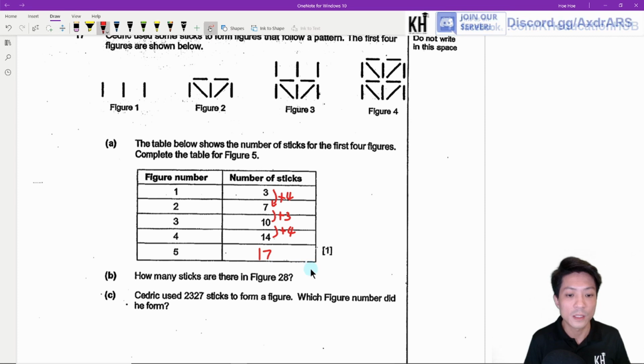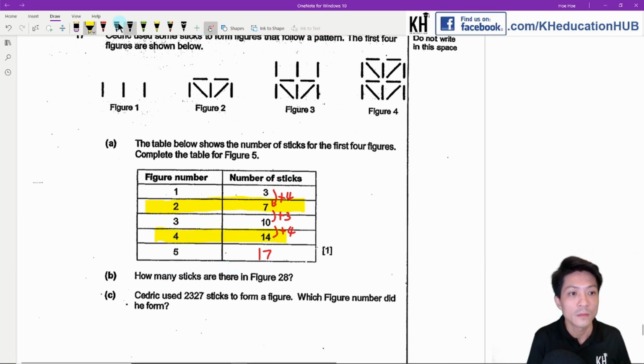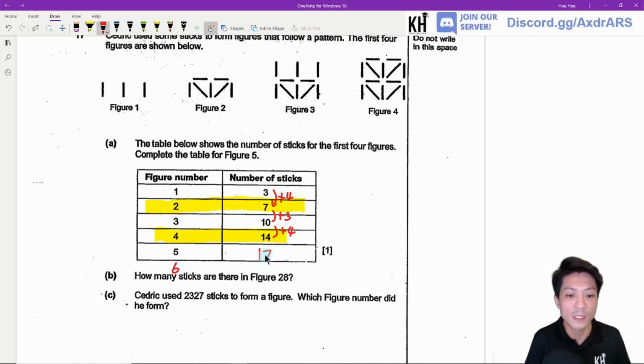Okay, so how many sticks are there in figure 28? If you look at this pattern, figure 2 is 7, figure 4 is 14. To prove the point, figure 6 will be a plus 7, which is 21. Okay, this follows the 7 times table: 7, 14, and 21.